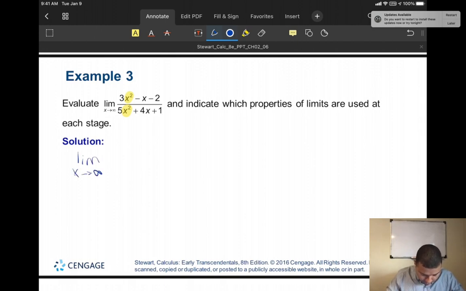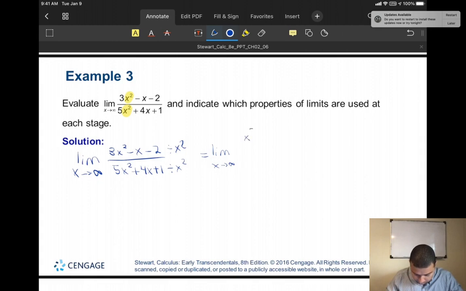3x squared. You divide by that number. So let's go with the example. I'll divide this by x squared, and I'll divide this by x squared as well. Remember that dividing is the same as writing it as a fraction like this.